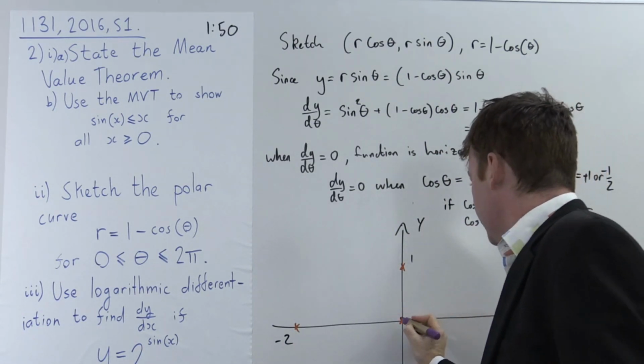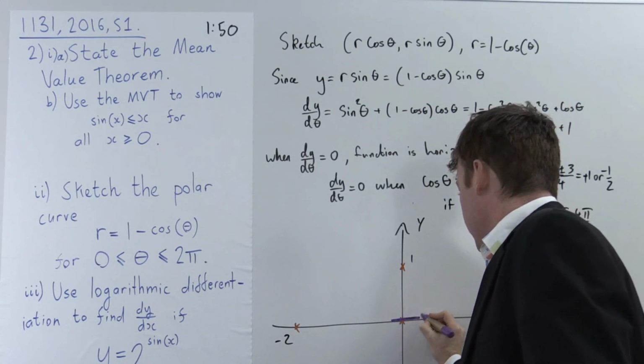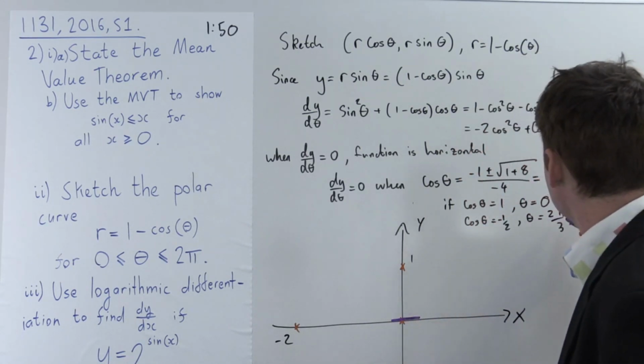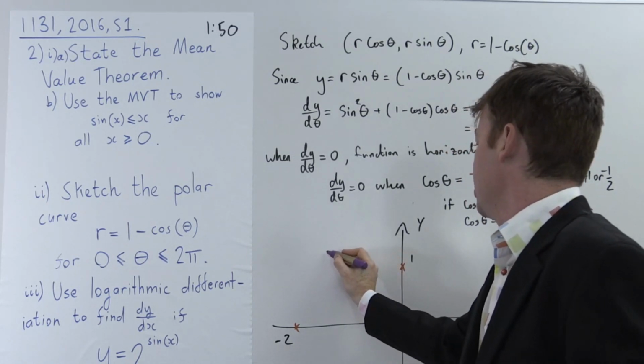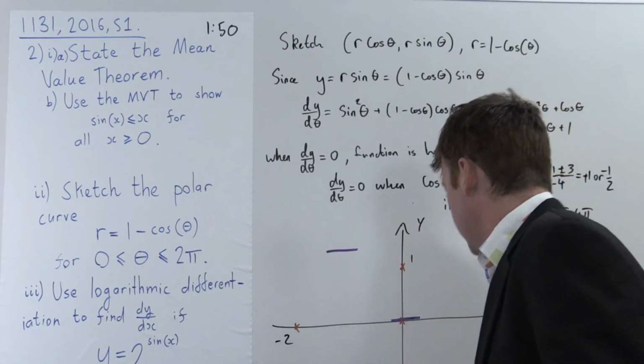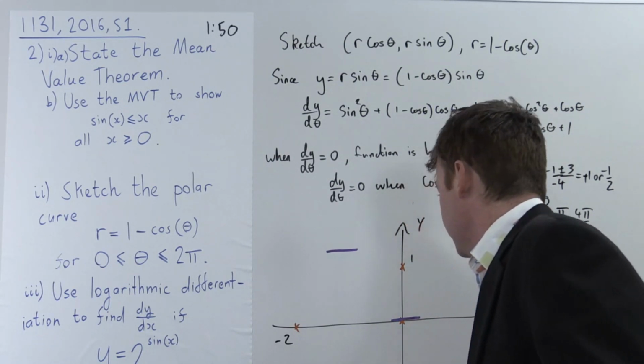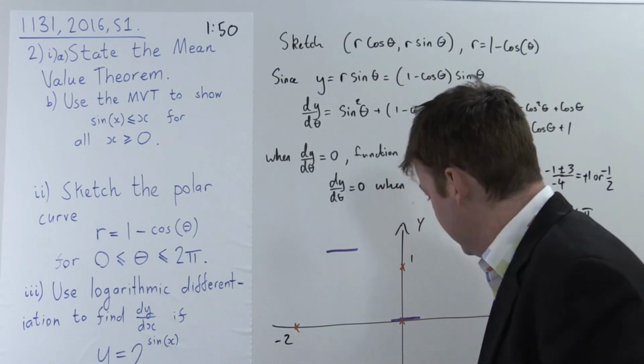So it's flat when theta is equal to 0, which is this point here, and when theta is equal to 2 pi on 3, so if I rotate around by 2 pi on 3, somewhere up here-ish, and somewhere down here. You can't see that, can you?